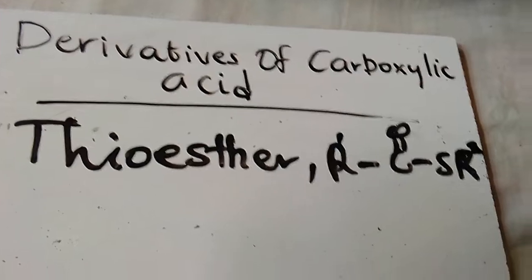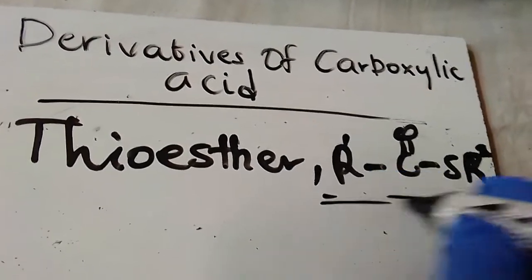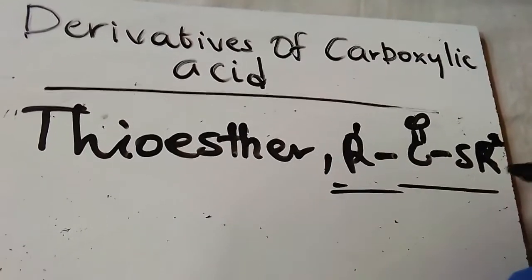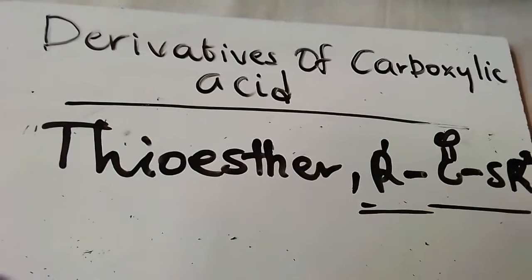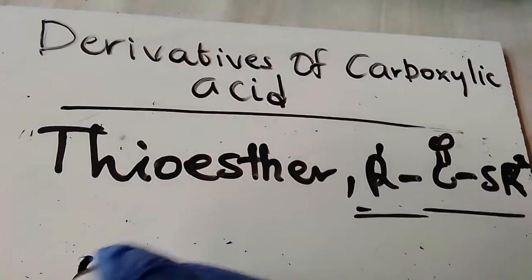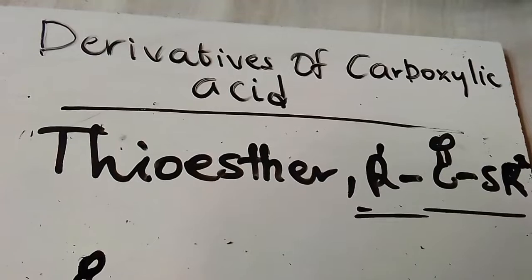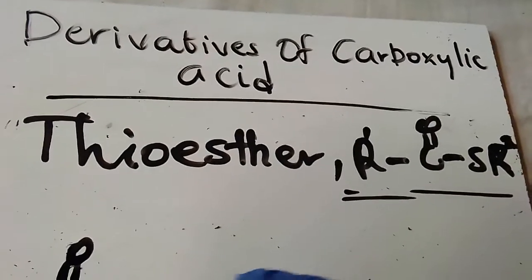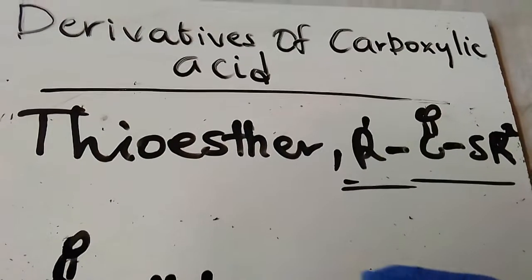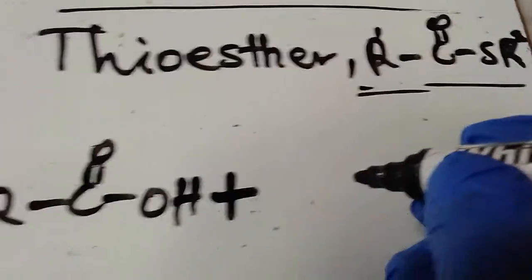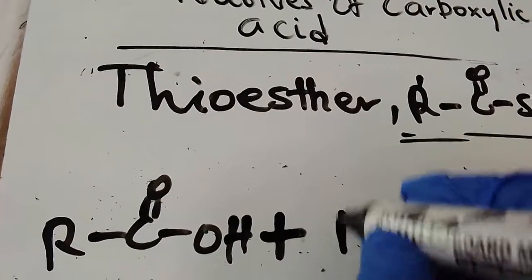Esters are produced by reacting a carboxylic acid with an organic compound we call ethyl.